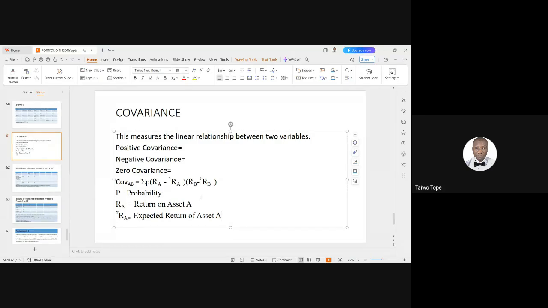RB is the return on asset B. RB bar is the expected return on asset B. So now, this is covariance. Take notes. This is covariance.